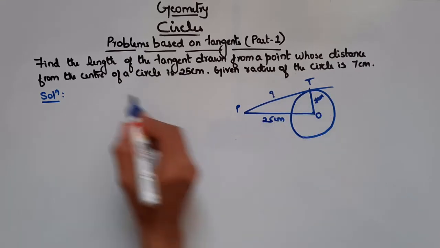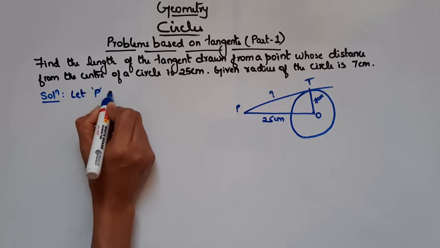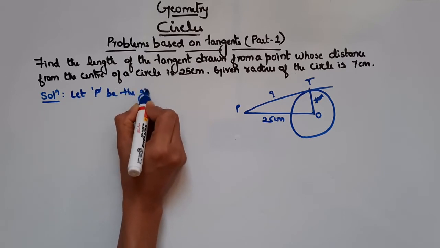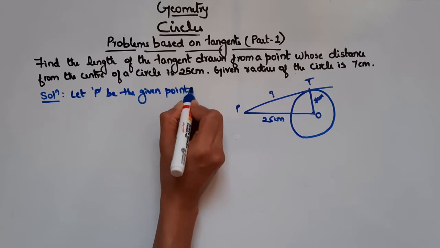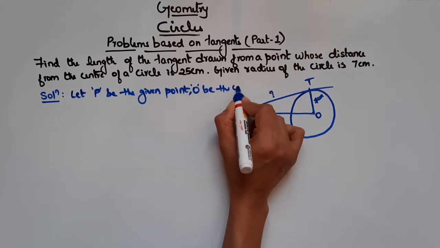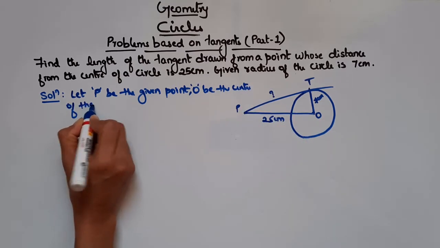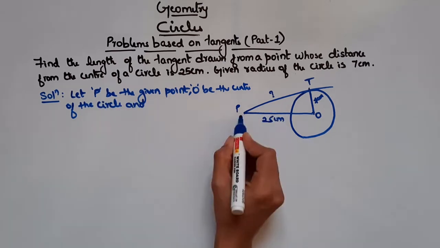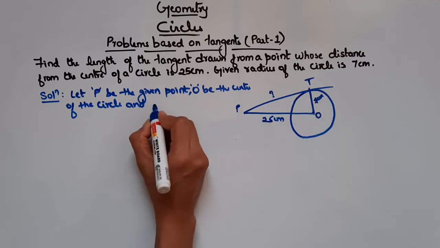So first let's write this in words. Let P be the given point, O be the center of the circle, and we have PT be the length of the tangent from point P, right?